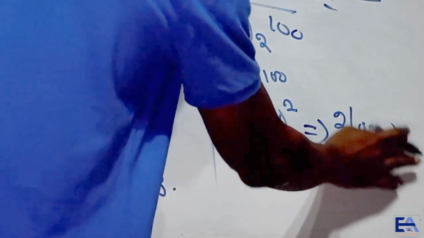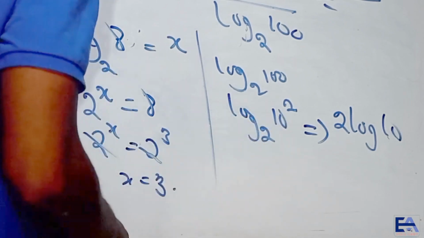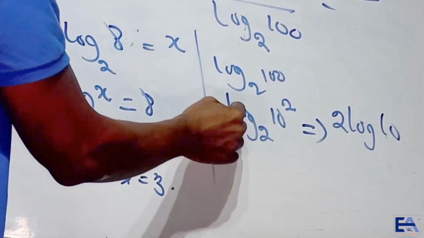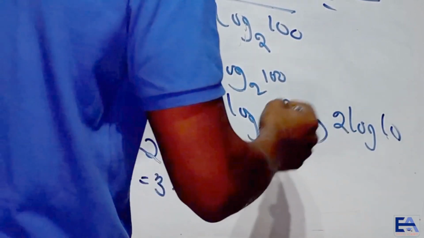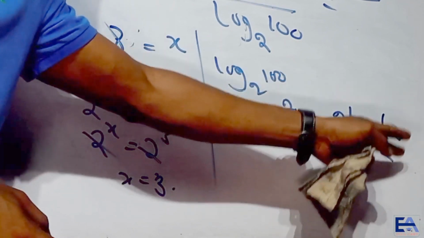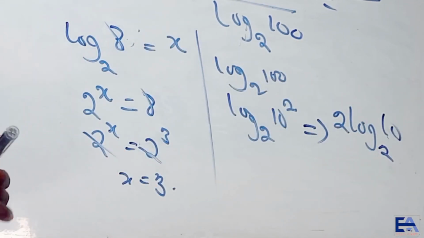So the 2 goes as a power, then log 10 to base 2. But we have to find log 10 to base 2 and then multiply it by 2. So it's not going to work that way.